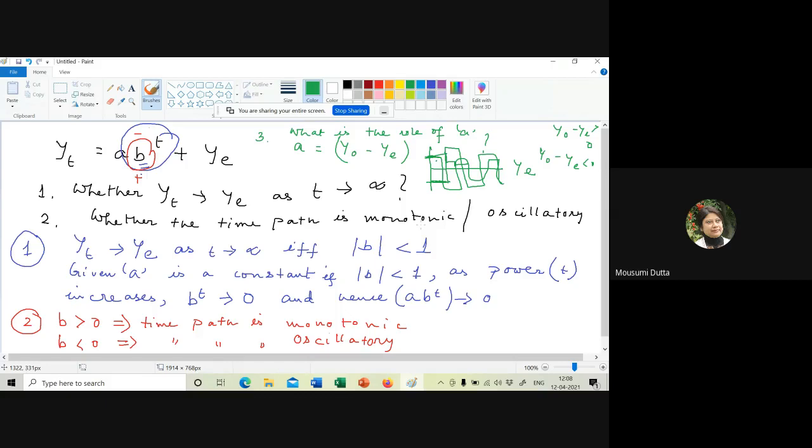If the value is negative, you have to start from a point below equilibrium, and in that case again the time path may be oscillatory, convergent, oscillatory, divergent, monotonic, convergent, monotonic, divergent. Anything is possible.